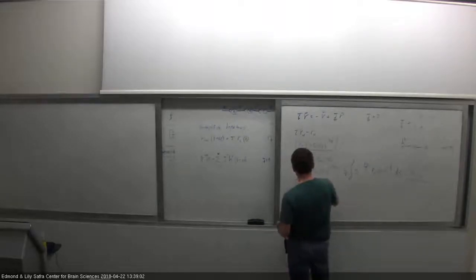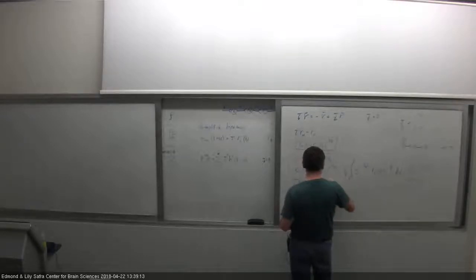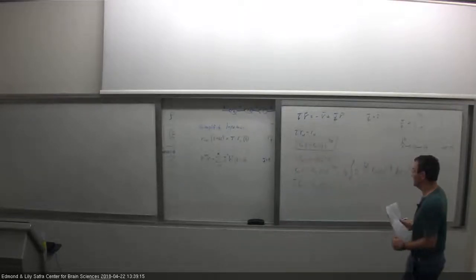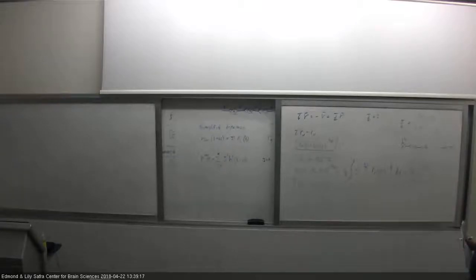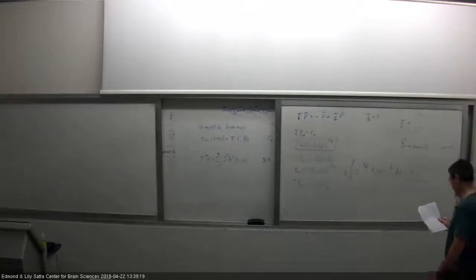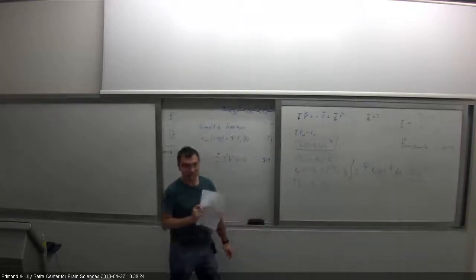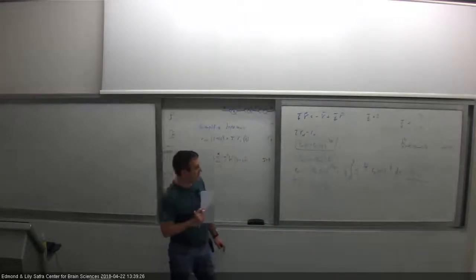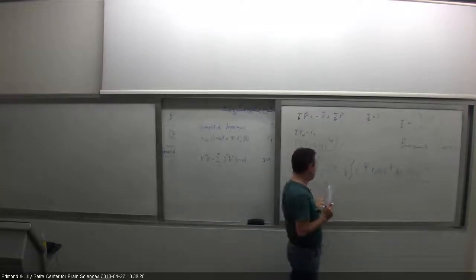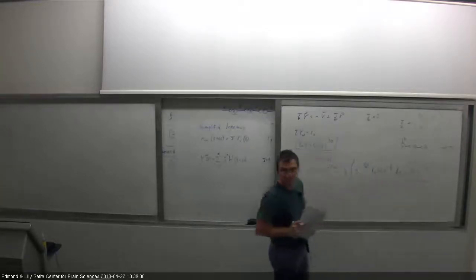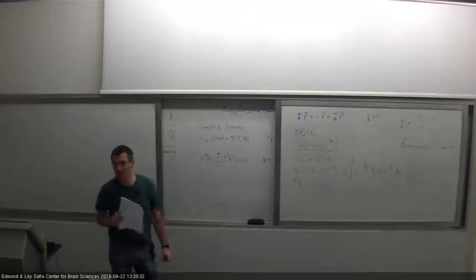Now we can move to the next neuron. Tau Rn minus 2 dot is equal to minus Rn minus 2 plus Rn minus 1. And the way to do it is exactly as before, but this time we need to plug this one in the integral.